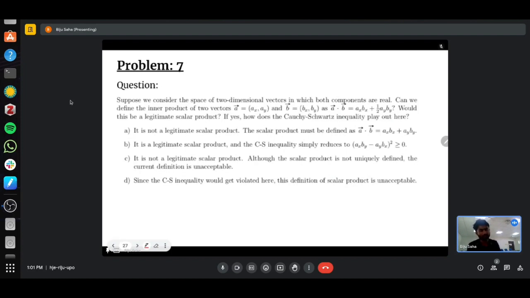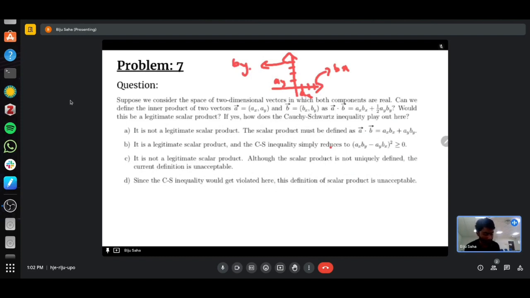Now let us come to problem 7. In problem 7, it is stated that we consider the space of two-dimensional vectors in which both components are real. That means the values a_x and a_y are real, and b_x and b_y are also real.